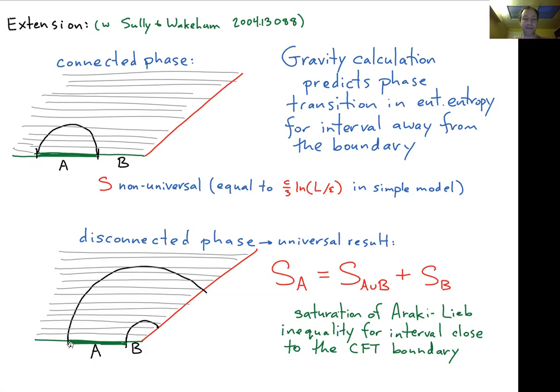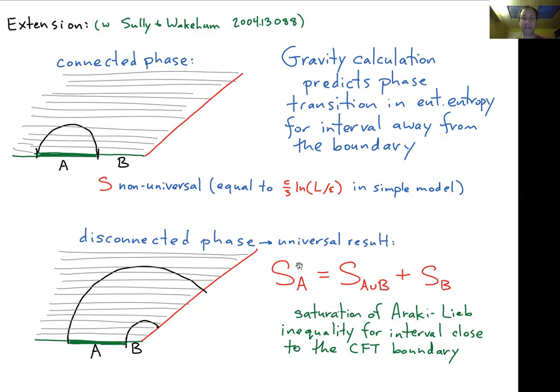Whereas if the interval is moved close to the boundary, then you have this other choice, which is a disconnected Ryu-Takayanagi surface, and that one has the minimum area as A is moved closer to the boundary.